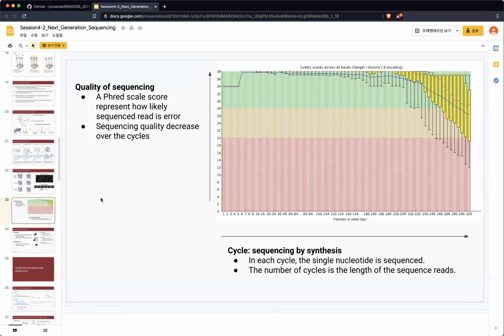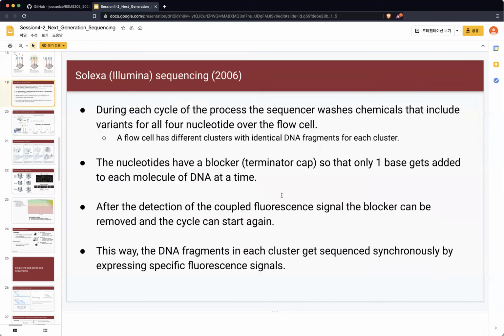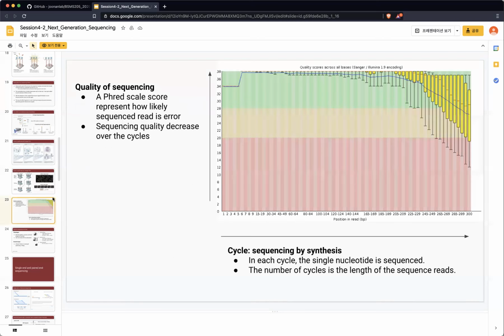The reason is, if you remember the sequencing process of Illumina over here, they basically use enzymes for synthesis and also cleavage, right? Enzymes always degrade over time by temperature or certain conditions, right?